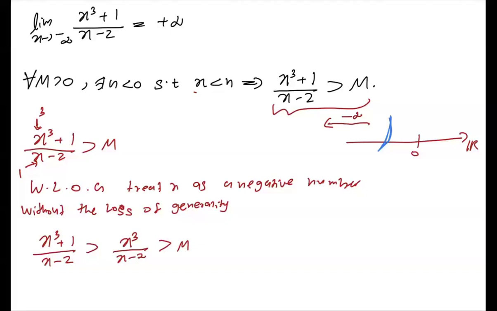Here, this is smaller than x cubed divided by x. No, we cannot do it that way because x minus 2 is a negative number.